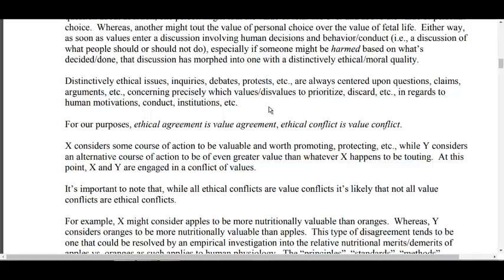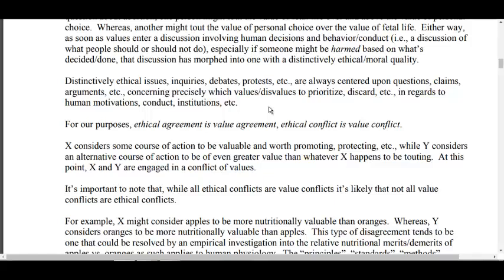And for our purposes, whenever we talk about an ethical agreement, what we mean is that there's been an agreement about values. At the most fundamental level, when two people agree, say, that abortion is not always bad, they are going to agree on certain values. Maybe they both prioritize personal choice on a similar scale.